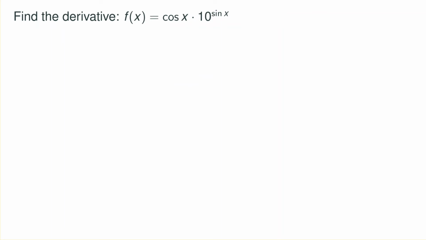Find the derivative of cosine x times 10 raised to sine x. So for this one, we have to use first product rule, because we have two functions multiplying. Product rule. So let's write out the derivative first using product rule.